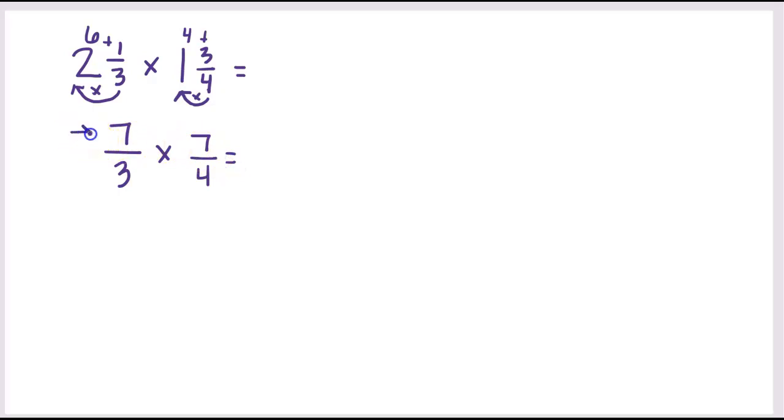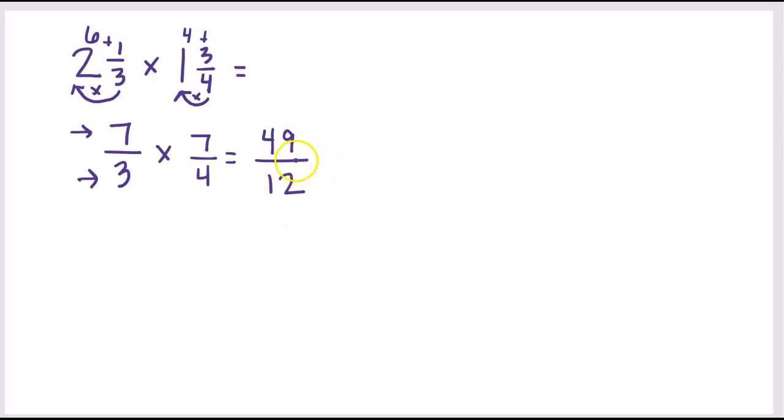Then I can multiply straight across, and I will get 7 times 7 is 49, and 3 times 4 is 12. So now I have to change it back into a mixed number. So how many times can 12 go into 49 equally without going over 49?